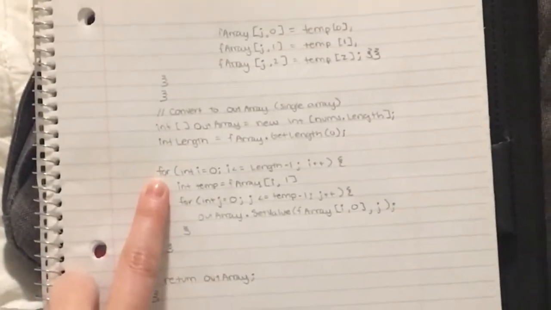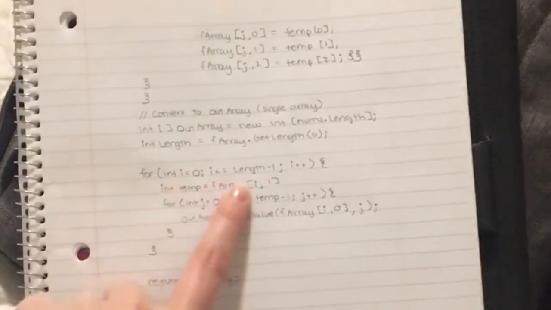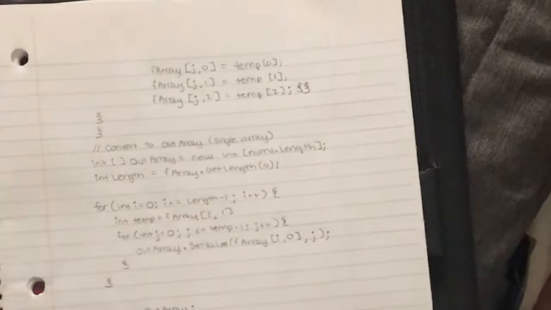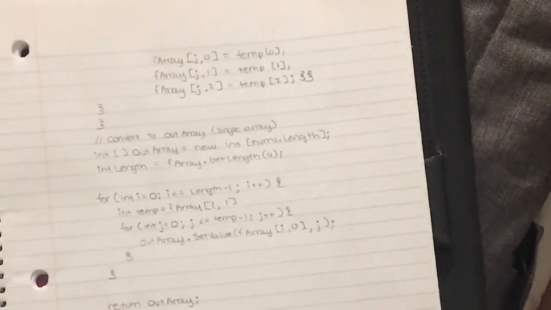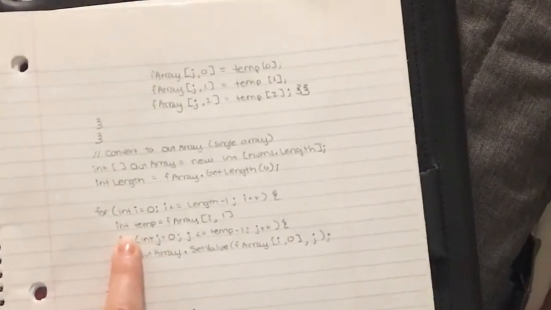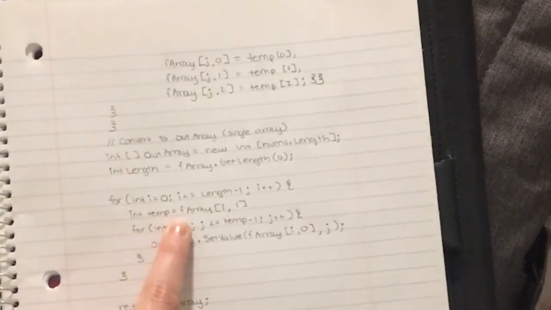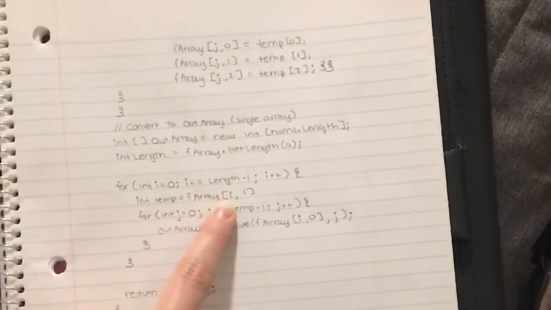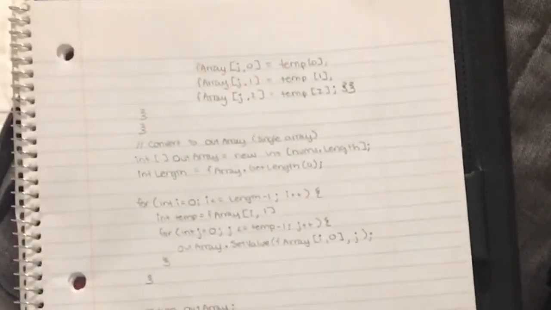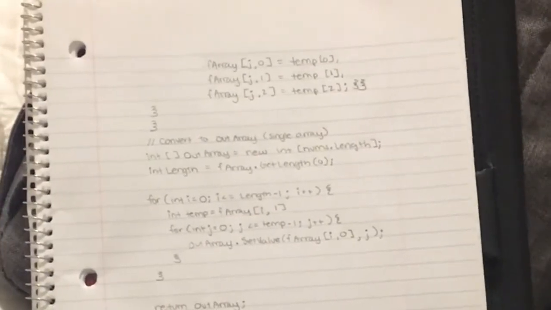So we're going to loop for the length of our 2D array, the number of indices. So we're going to go through each number that occurs, and our temporary integer is going to be the frequency, so the number of times that number occurs.